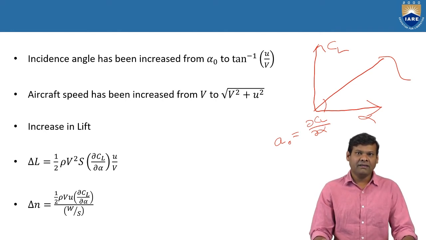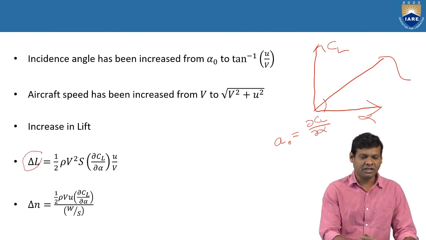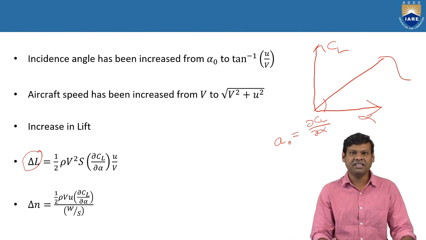When the wing incidence angle is changing, ultimately the lift is changing. That is the reason why we are dealing with the slope with respect to incidence, that is dou CL by dou alpha. And moreover, look into the term: we are discussing the change in lift.